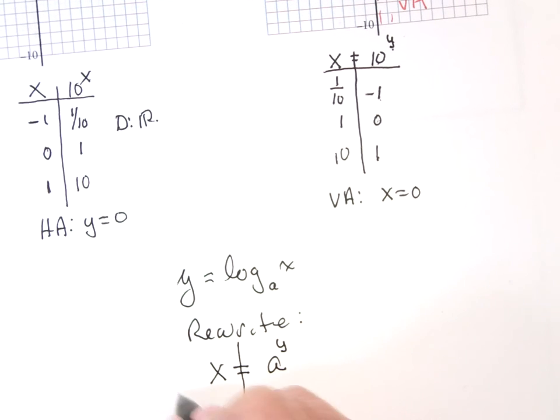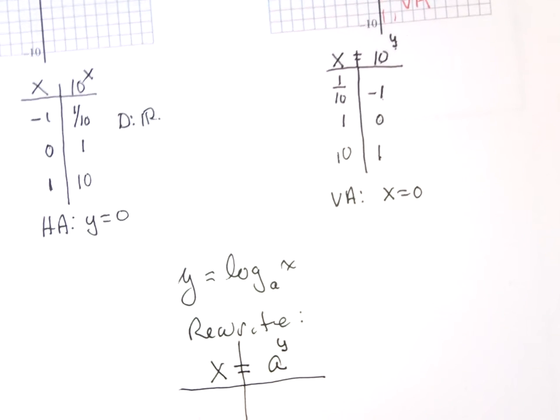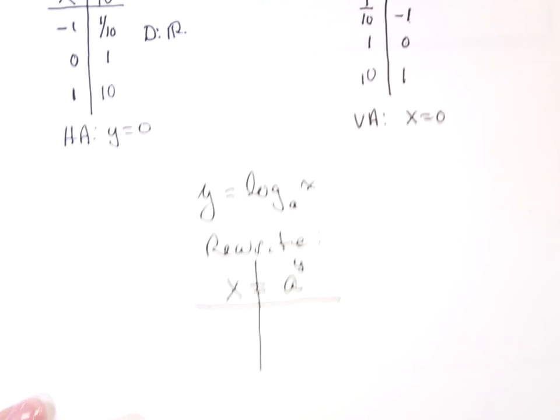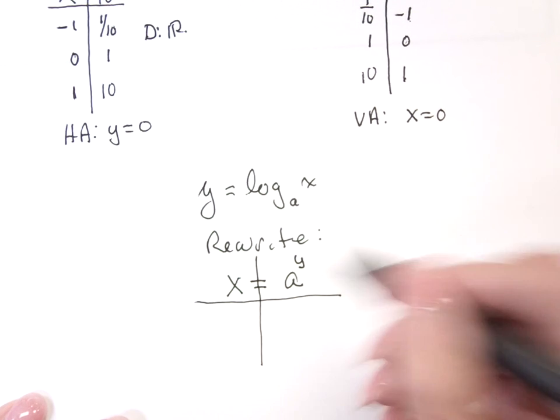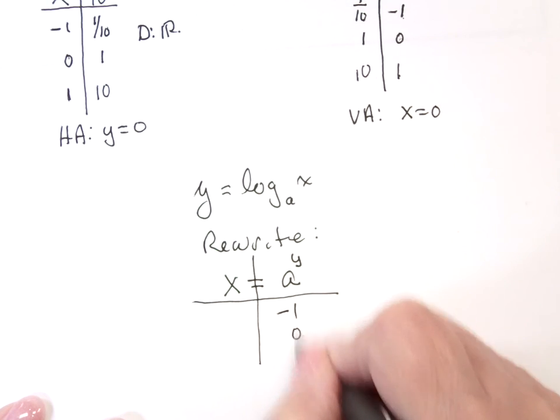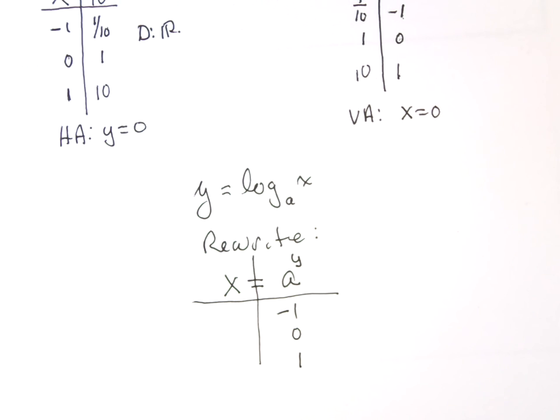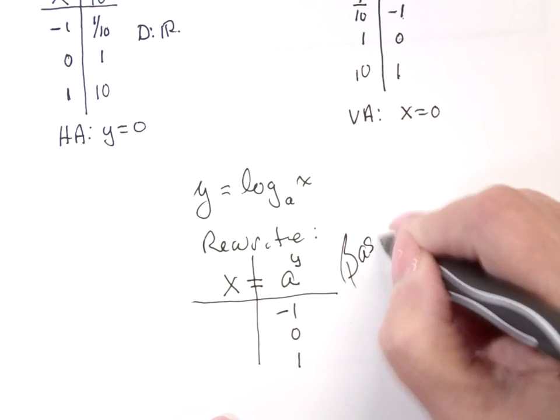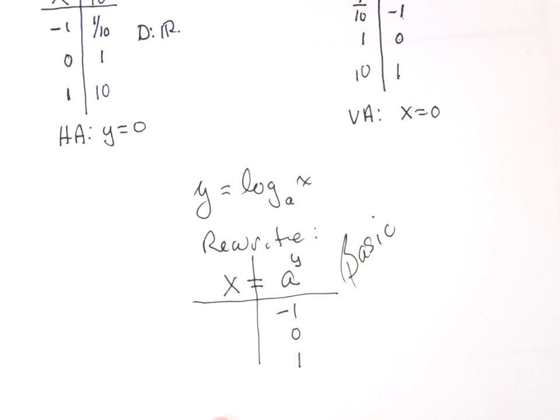There's my T-bar chart. I put in my favorite points, and off I go. We're only dealing now with the basic function. And of course, they're going to drag you through transformations.